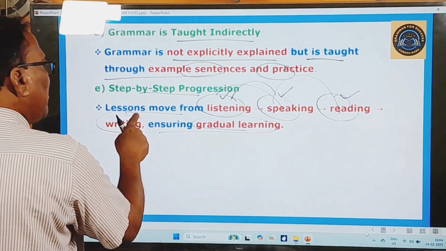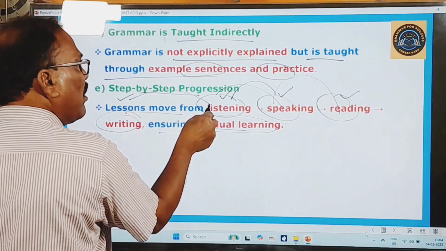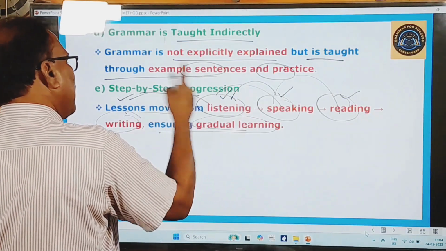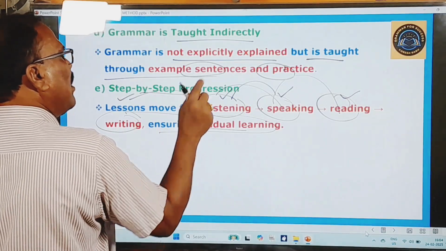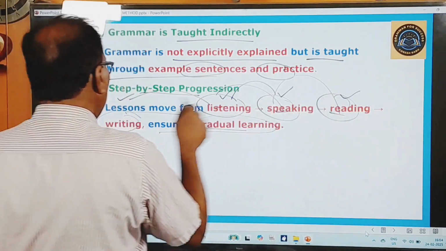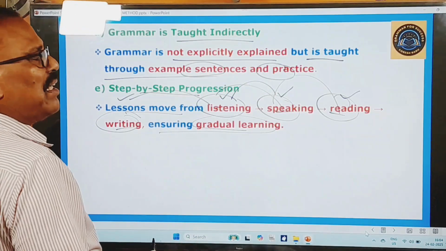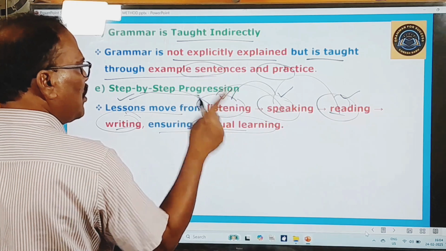Through this method, the teachers teach the lessons in this order. The students are made to listen to the lessons, speak about the lessons, read the lessons, write the lessons. So in this way, listening, speaking, reading, writing will take place step by step in this bilingual method, and that ensures the gradual learning of the students.